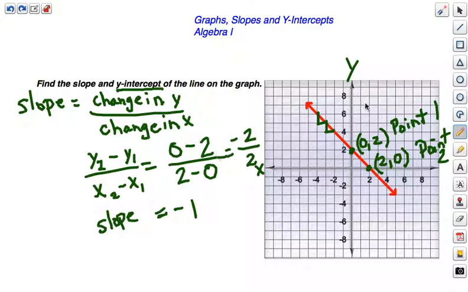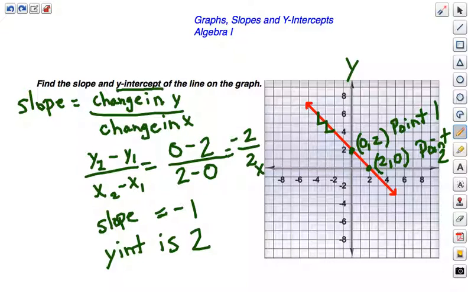Okay, so this particular line crosses at 2. So our y-intercept is 2. All right, so we just found the 2 pieces that we were asked for. We found the slope, and we found our y-intercept.